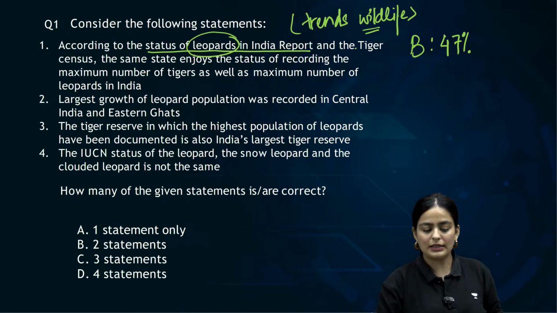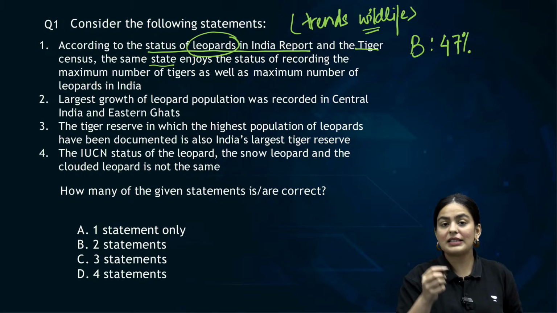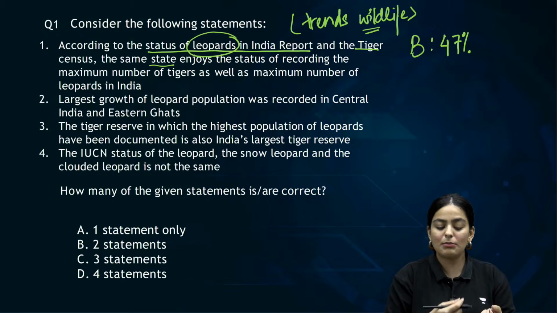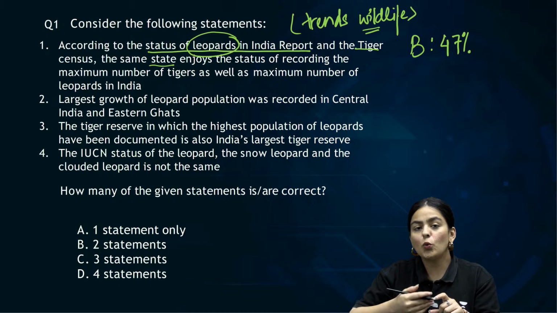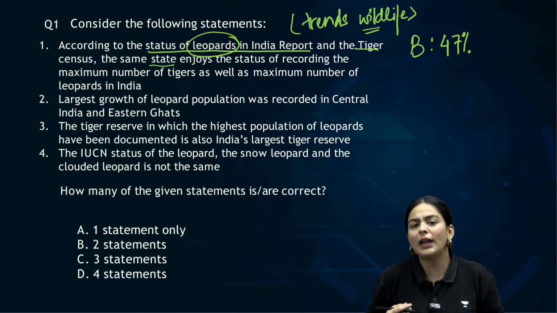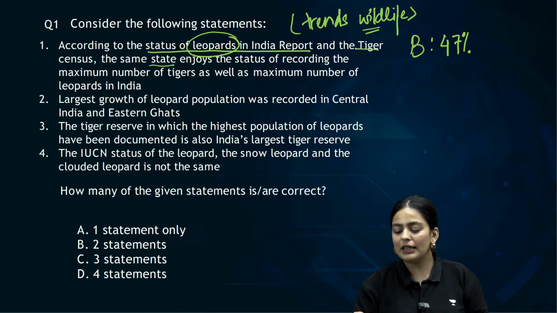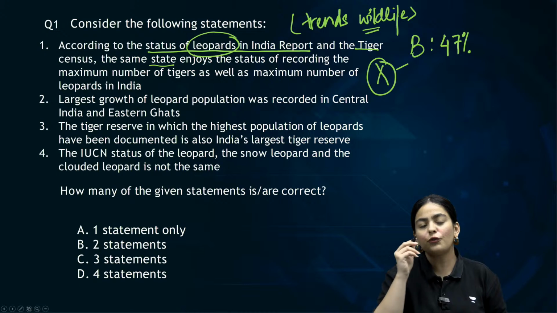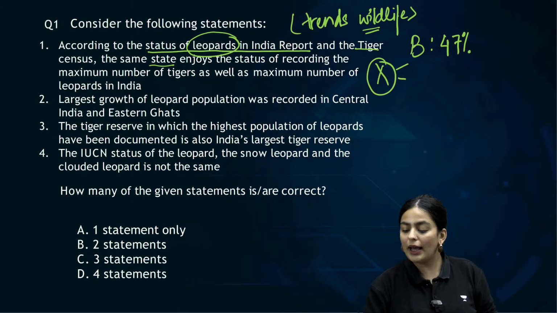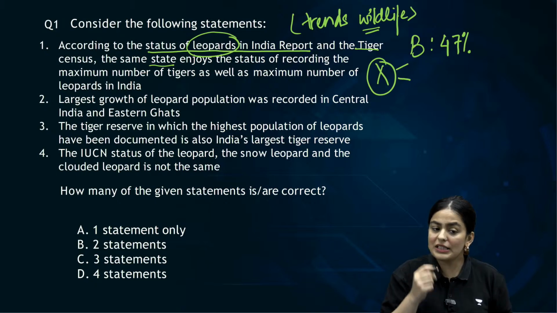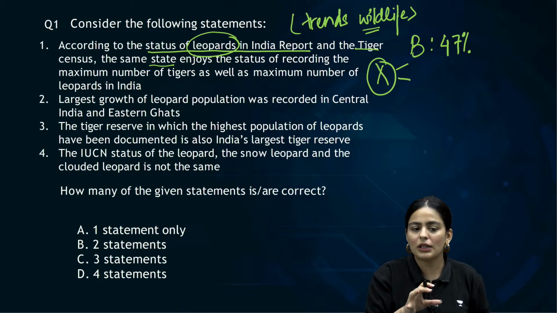And the tiger census, the same state enjoys the status of recording the maximum number of tigers as well as maximum number of leopards. In easier words, what does it mean? That there is a state X which has the maximum number of tigers in India as well as the maximum number of leopards in India. So this statement is absolutely correct.